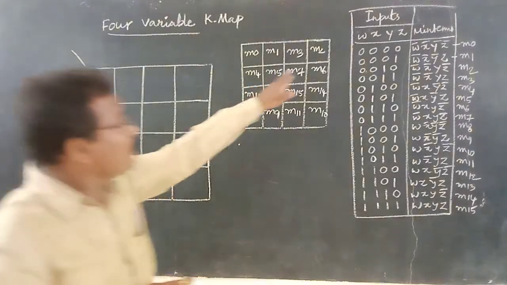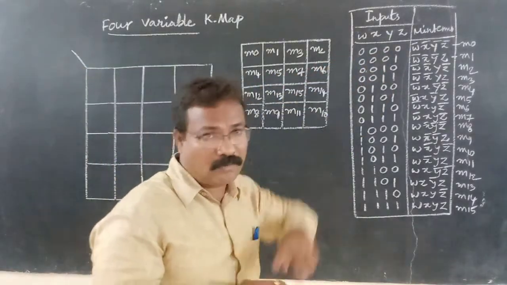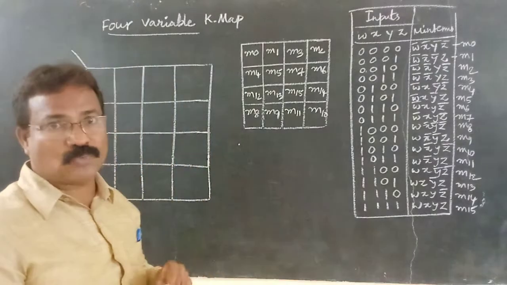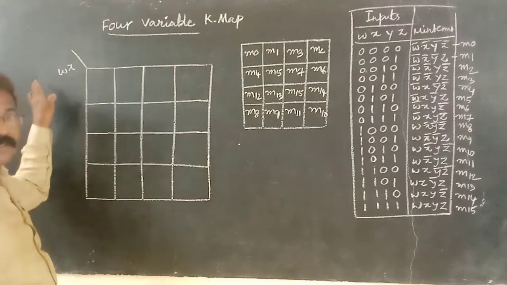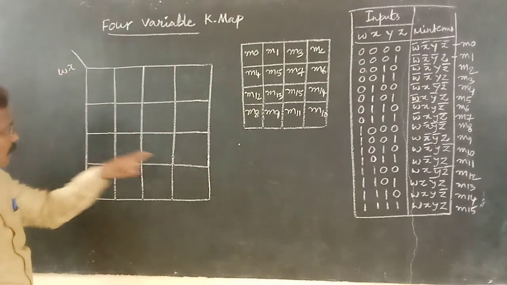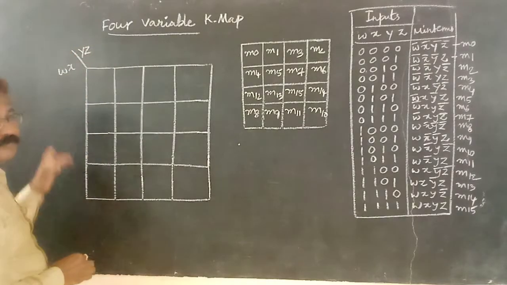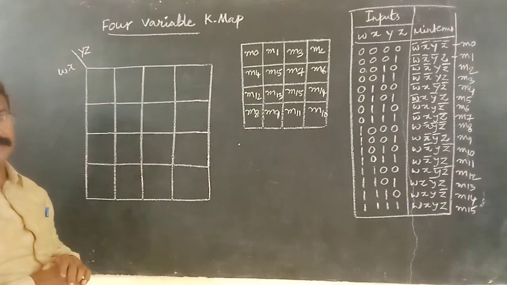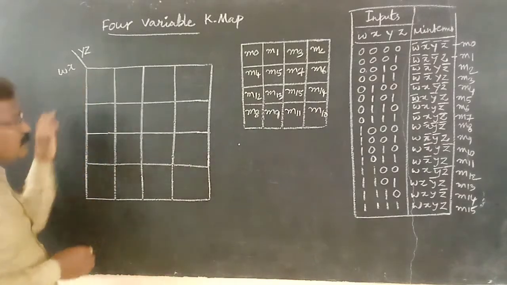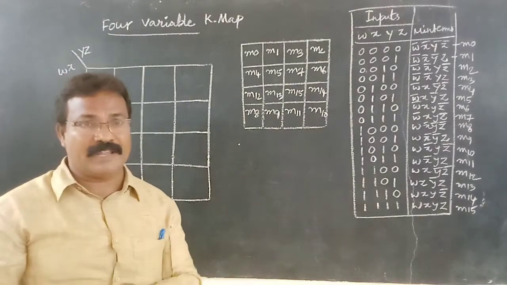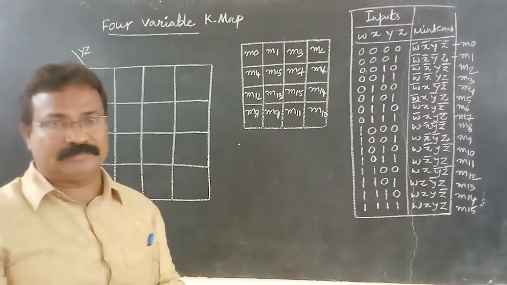This four variable K-map consists of four variables W, X, Y, Z. The first two variables are taken in rows and the remaining variables Y, Z are taken in columns. This arrangement is similar to the Gray code.